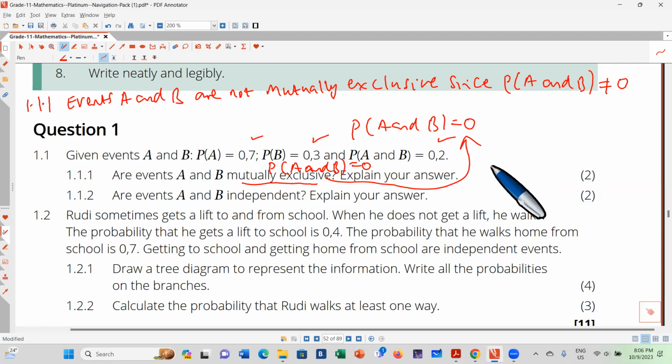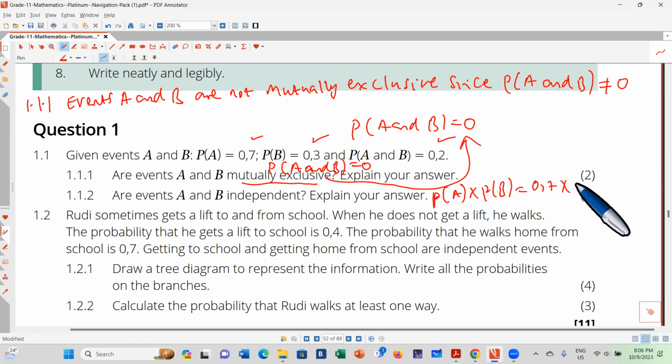Are events A and B independent? Explain your answer. So here we are dealing with the probability of A times the probability of B. What is the probability of A?